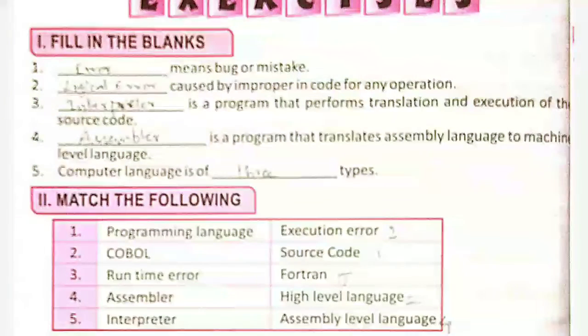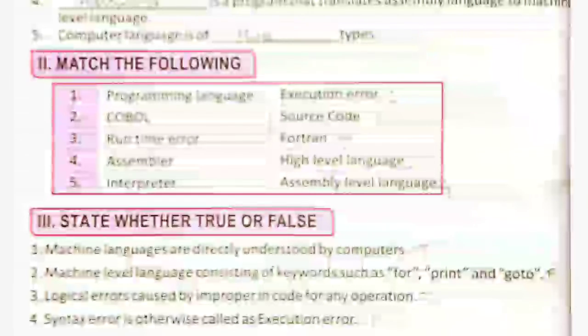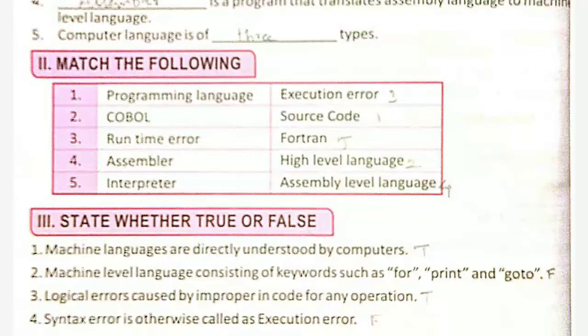Next is computer languages are of three types. We have seen machine level language, assembly level language, and high level language. Next is match the following. Programming language means it's a source code to the computer, so it gets instruction through this source code.